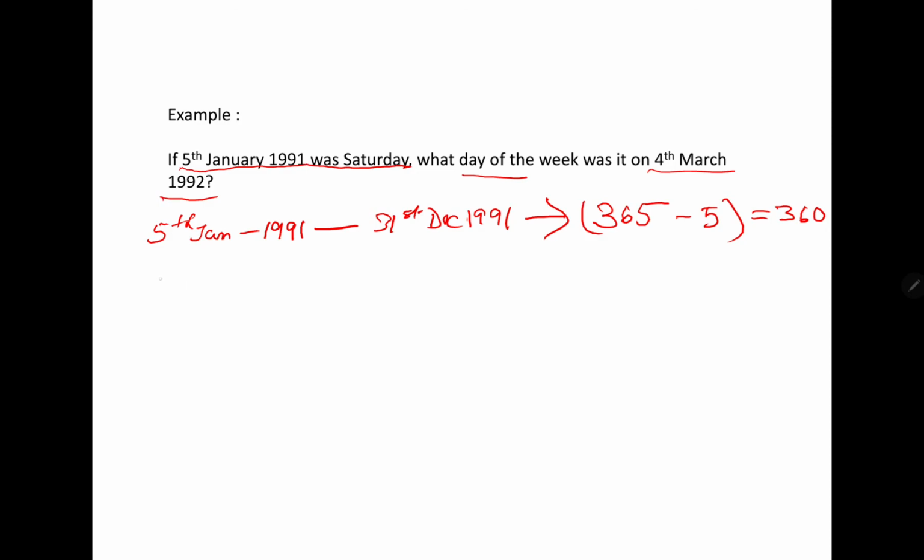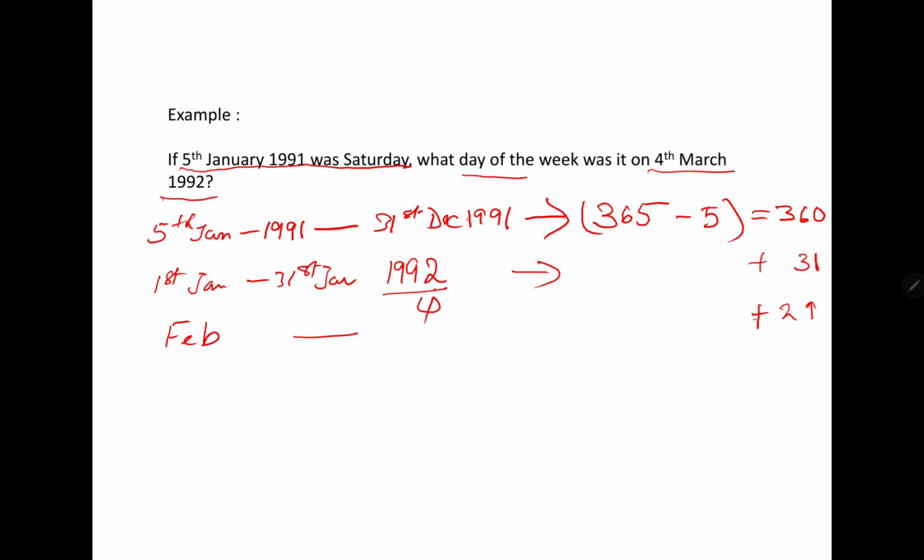Now for 1st January to 31st January 1992, it will be 31. Next, February, how many days will there be? 1992 is divisible by 4, since it's a leap year, so it will be 29. And March, we have to consider 4.